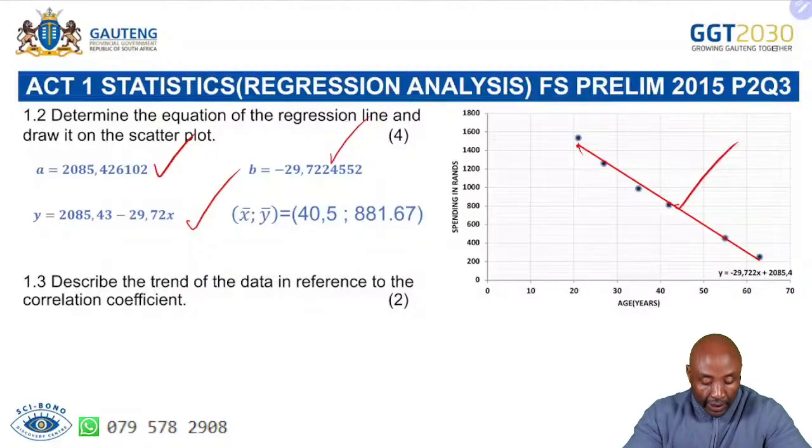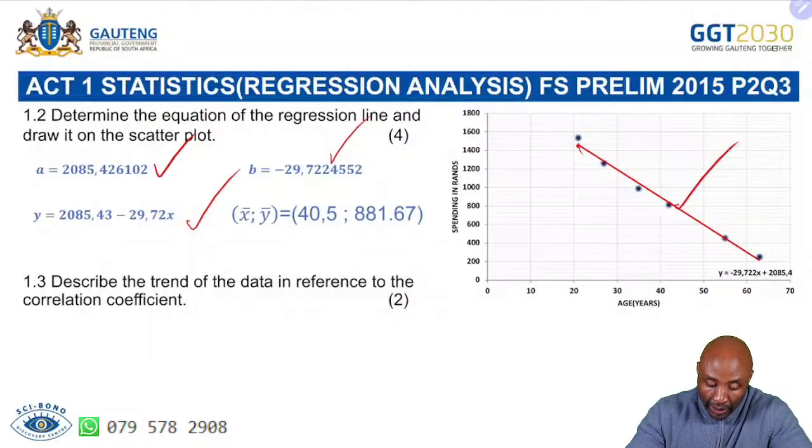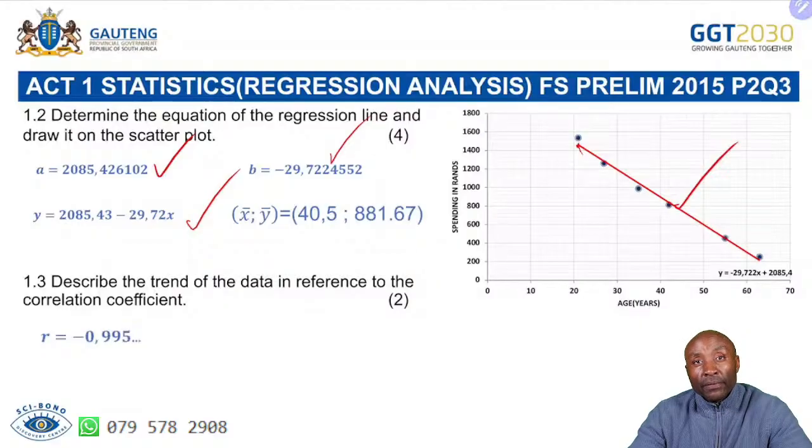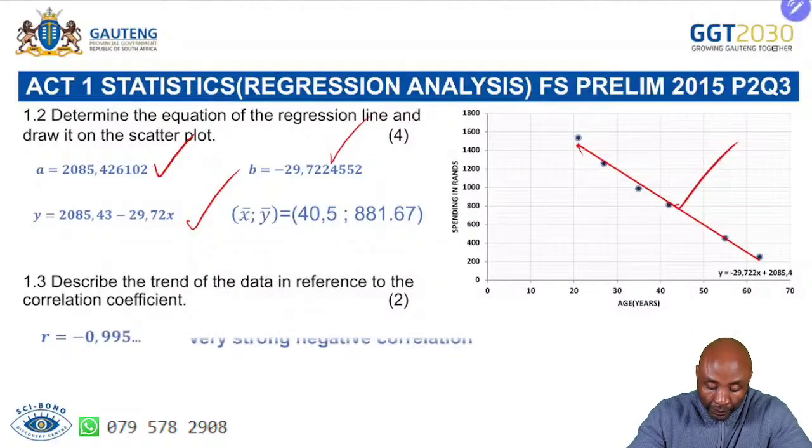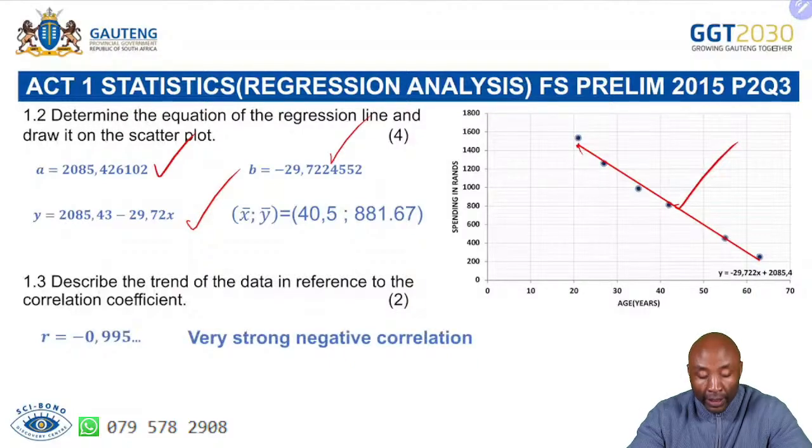We are supposed to describe the trend of the data in reference to the correlation coefficient. The correlation coefficient, we are using our calculators. So we go to our calculators, we get the value of R, and we get our R as negative 0.9995. Now, this is a very strong negative correlation.